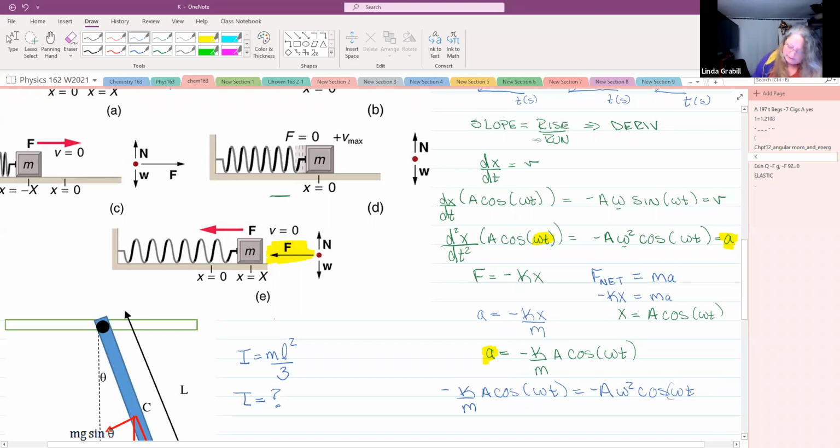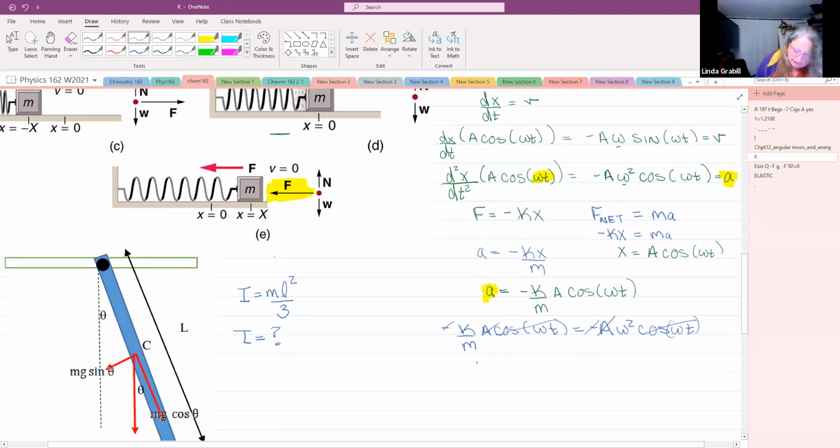This is getting exciting because cosine cancels with cosine, the negative cancels, A cancels. And so what am I left with? I get k over m equals omega squared, or my omega is the square root of k over m.